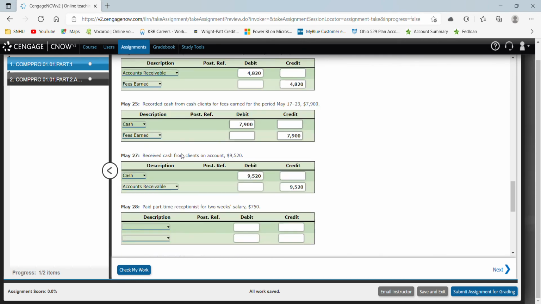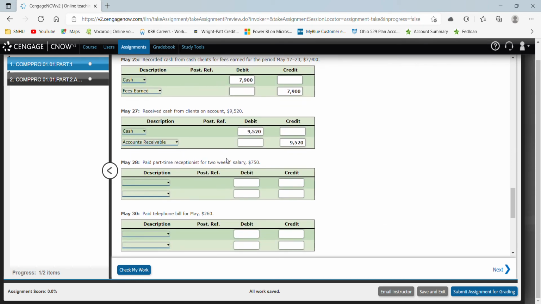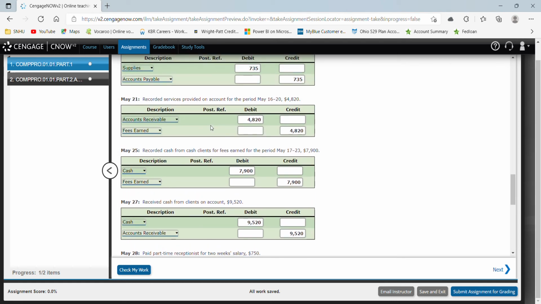Here, again, we recorded an accounts receivable and fees earned. And so when you eventually receive cash from your customer, you record this type of transaction. You record cash, you received cash, and then you reduce your accounts receivable with the credit. Sorry, there's not a clean same dollar value transaction that I can show you, but that's what's happening here.